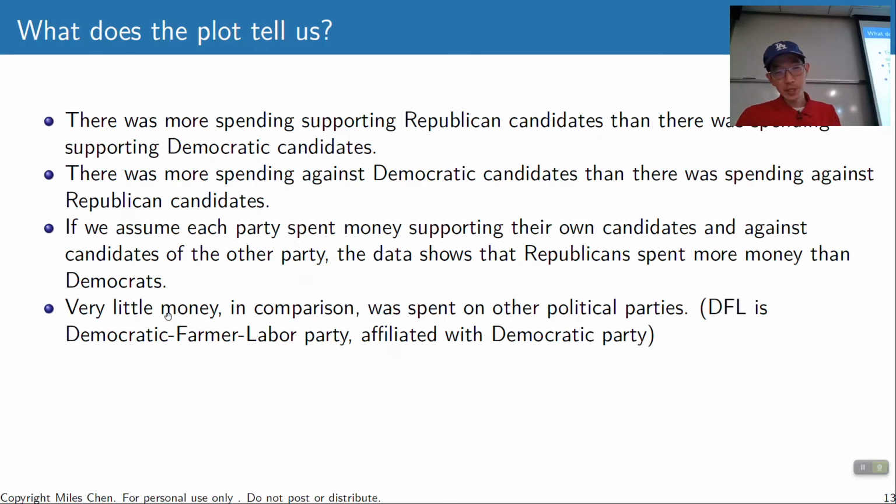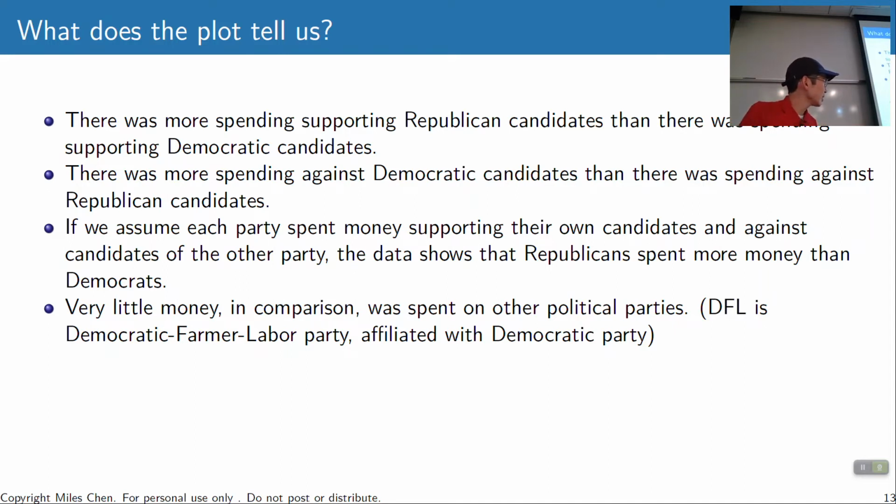So there was more spending supporting Republican candidates than supporting Democratic candidates, and more spending against Democratic candidates than against Republican candidates. And if we look at that, we would say Republicans spent more money than Democrats in that 2012 election cycle. And I don't know what the trends are today, but that's what was there, okay?